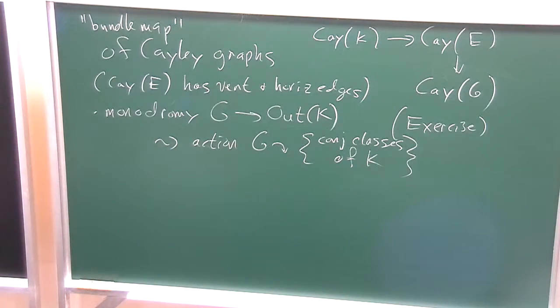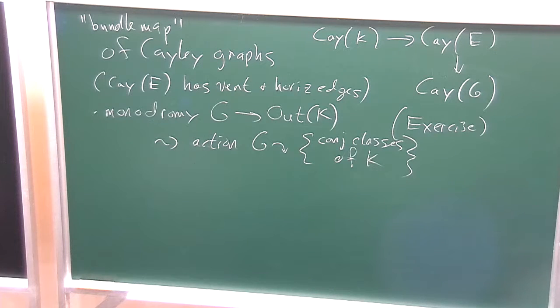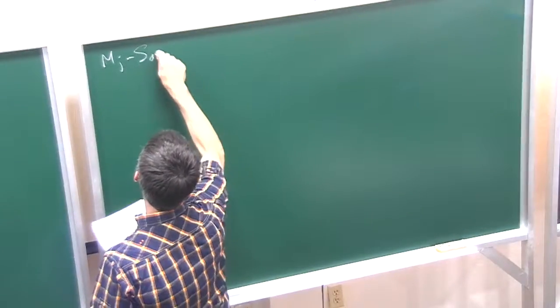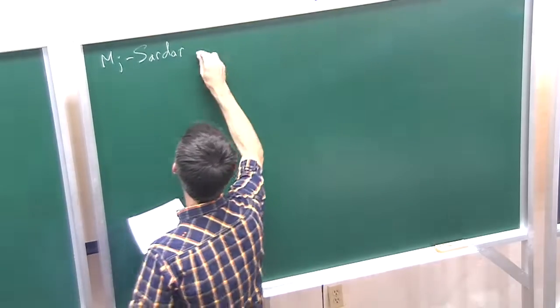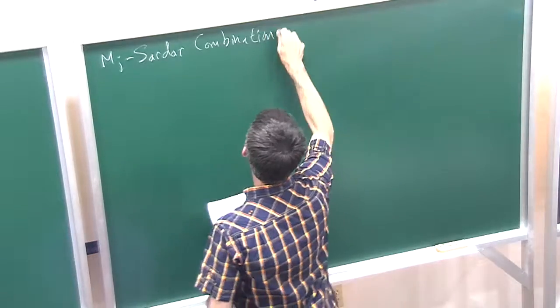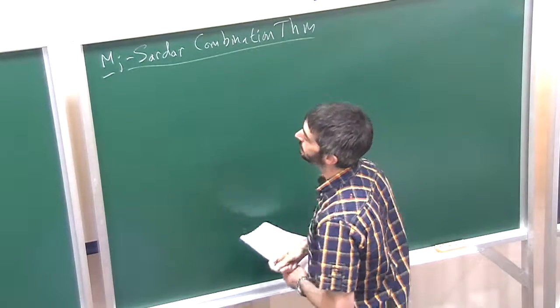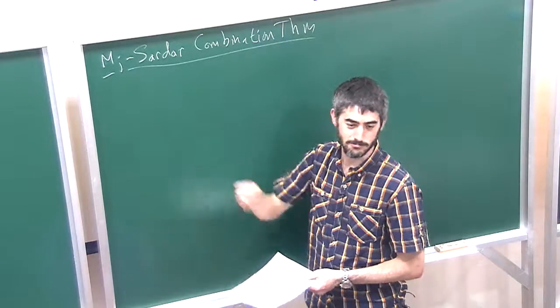All right, so now let me describe a different combination theorem. Last time I mentioned the Bestvina-Feighn combination theorem. So I'm going to mention another kind of combination theorem that's similar but applies in a different context. This is the Mj-Sardar, maybe you're supposed to say Mj, I don't know.